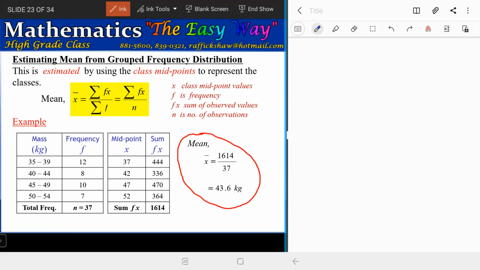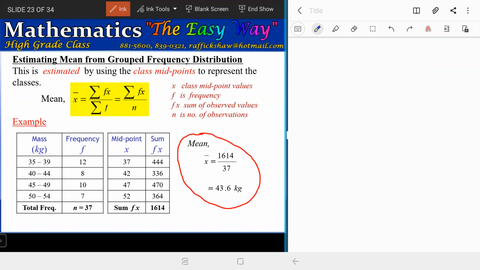Because not all the balls in the group, sir, are of one mass. They could be of different masses from the 35 to 39 or from the 40 to 44. So not all of them are 42, but some of them could be 43 or 41 or 41.7.